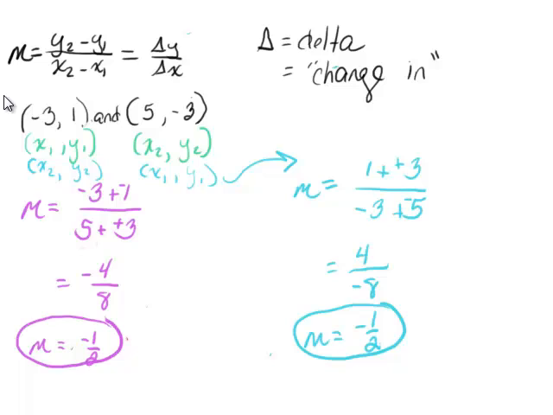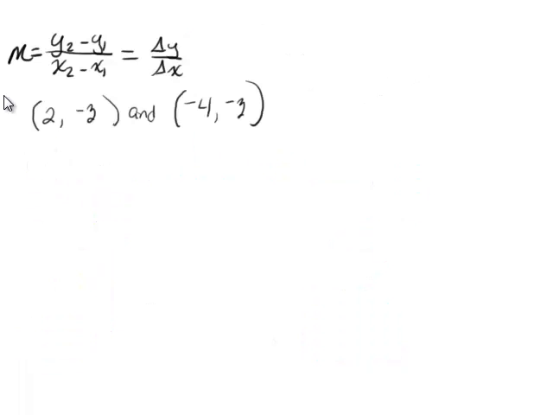So pretty easy there. Now let's look at this example here. We have 2, negative 3, and the corner point of negative 4, negative 3. So here's our equation. I'm going to make this one be my x sub 2, y sub 2. And the reason is I just like to subtract when I get a positive, sometimes if I can. So x sub 2, y sub 2, and x sub 1, y sub 1.